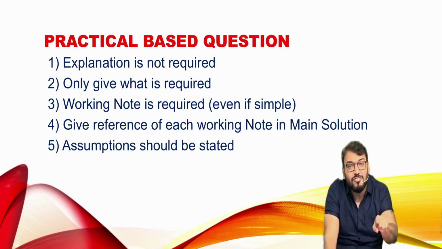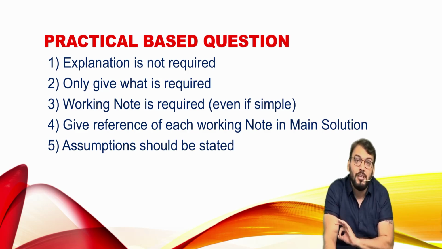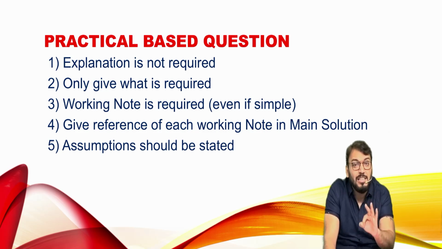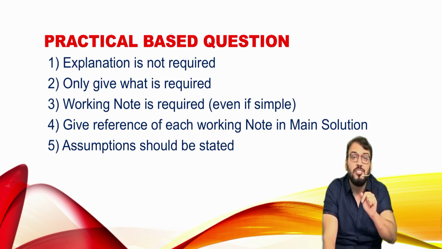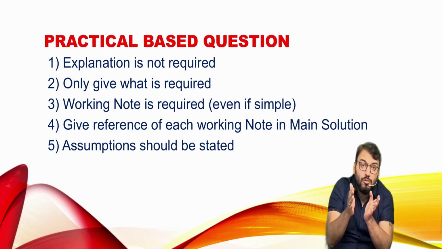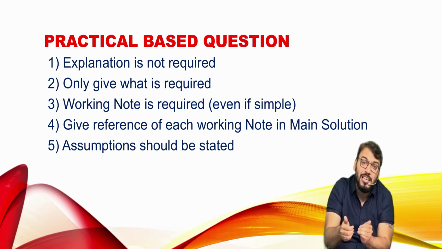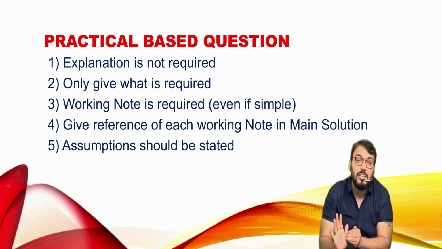Whatever is the main solution should be supported by working note if required. Working note needs to be given even though it is simple. For example, goodwill calculation you can do in calculator, but goodwill calculation is still required in the business combination and consolidation chapters. It is quite possible that your working note might be simple, but each working note carries some marks. You can't ignore working note in an examination question.